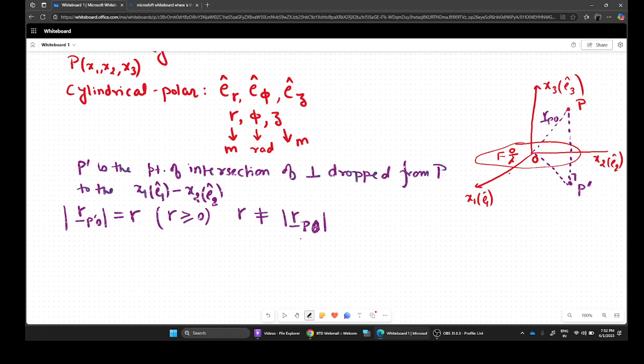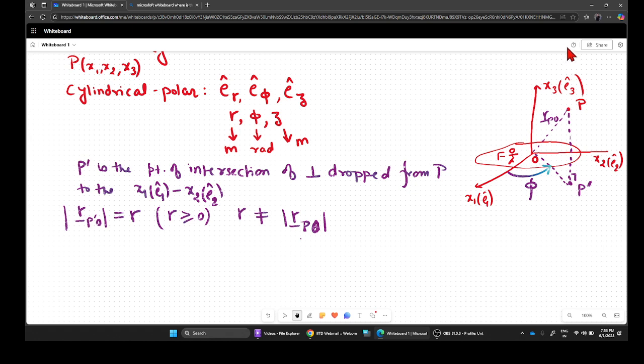Then we measure this angle from x1 e1 to this line segment OP prime in the sense as shown on the diagram.